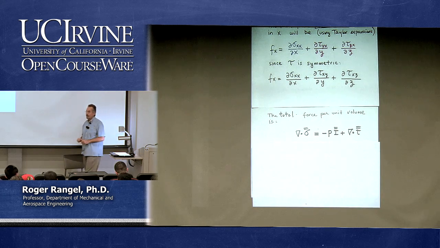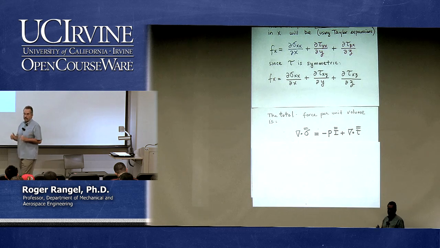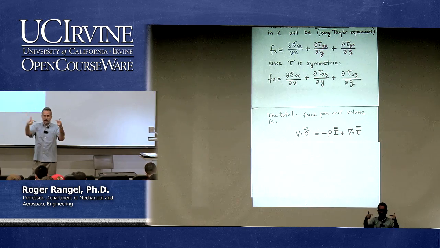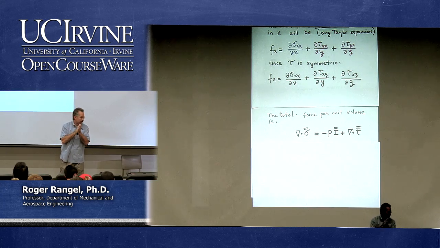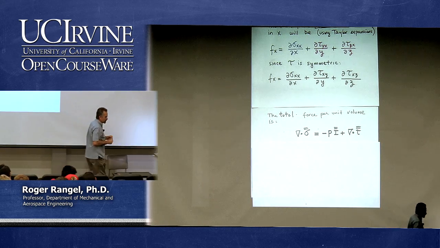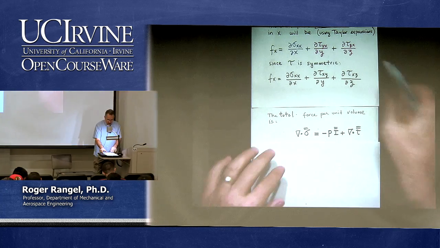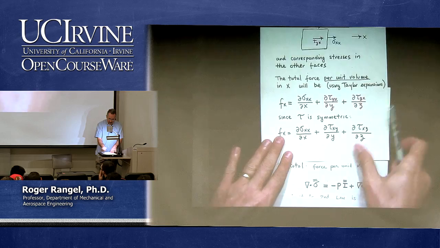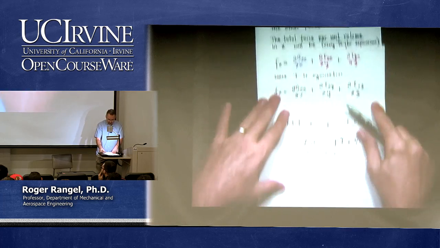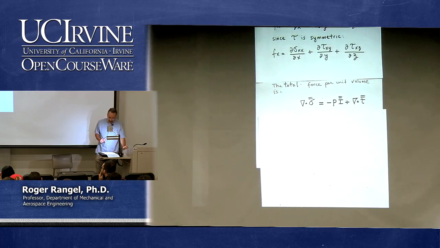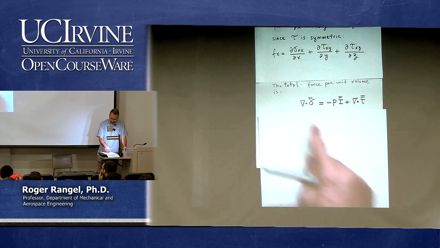In connection with the pressure. Because the pressure only acts in the normal direction. There is no pressure tangential to a surface. The pressure is only normal to the surface. That's why the pressure was only a component of the sigmas, but not of the taus. So that's it. That's the missing part, this term.